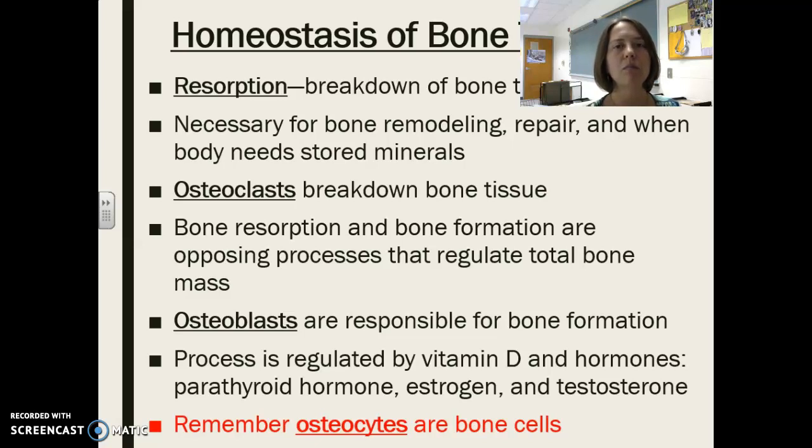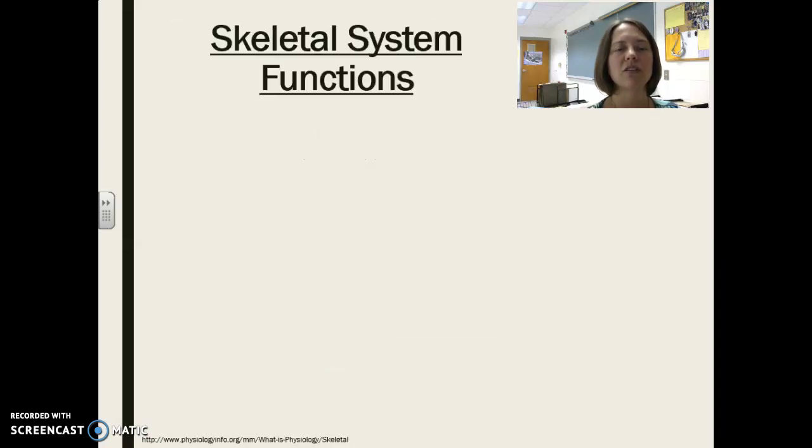Osteoblasts are your bone builders, and then osteocytes are your bone cells. We'll talk a little bit more about the homeostasis of bone tissue when we talk about homeostasis of calcium. So let's jump into skeletal system functions.